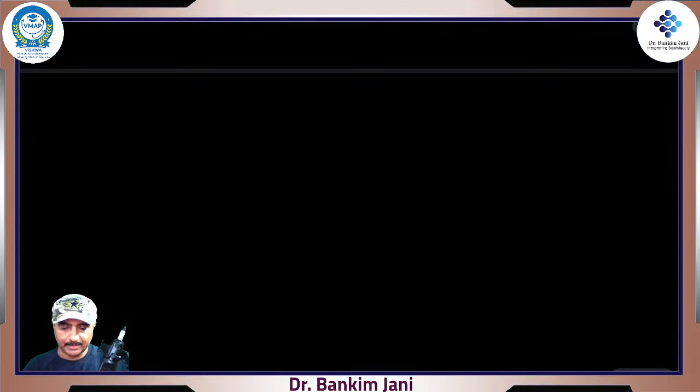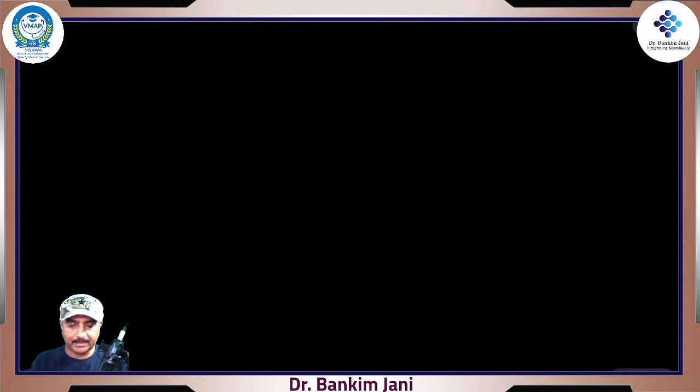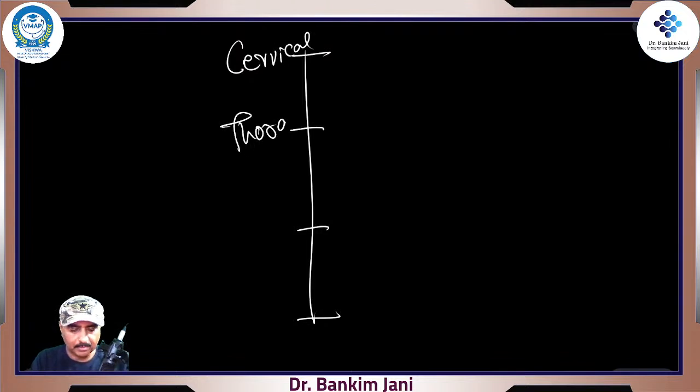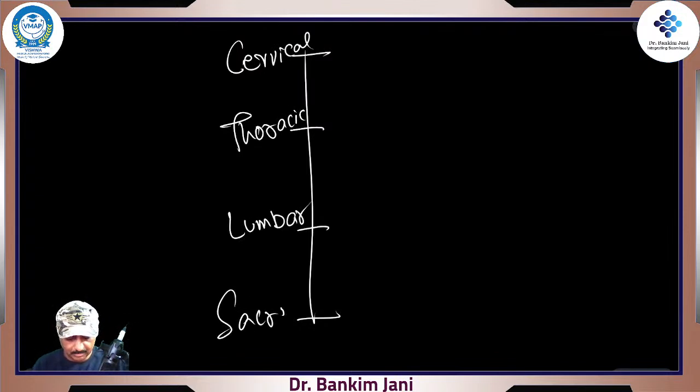Now, as we know there are two systems, sympathetic and parasympathetic. So draw it literally like this. We have the top was cervical, thoracic, lumbar, and sacral. Here is parasympathetic.